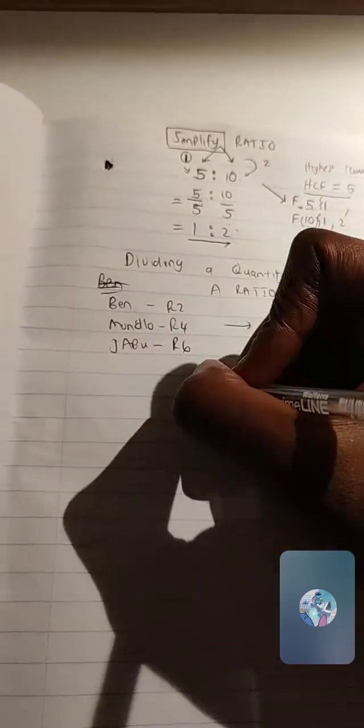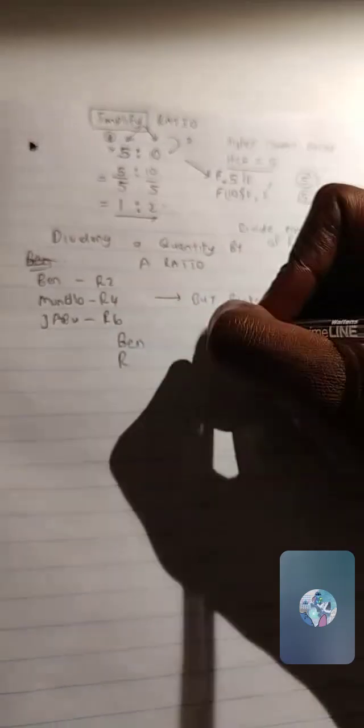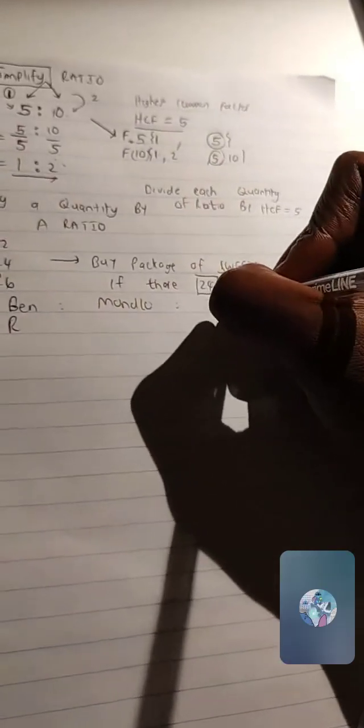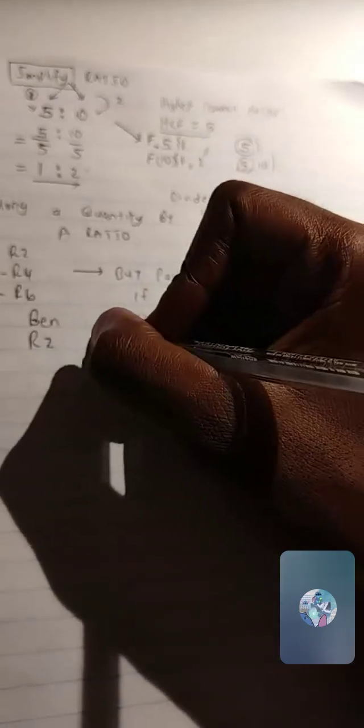So if we think about Ben, Mondlo and Jabu, we can write down these amounts as 2 rand is to 4 rand is to 6 rand.